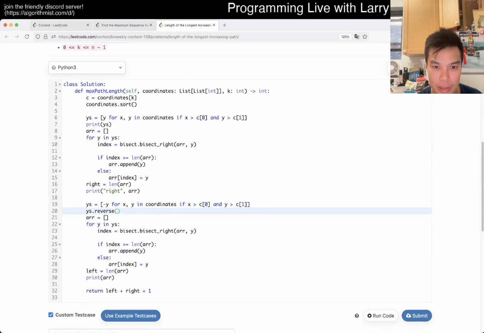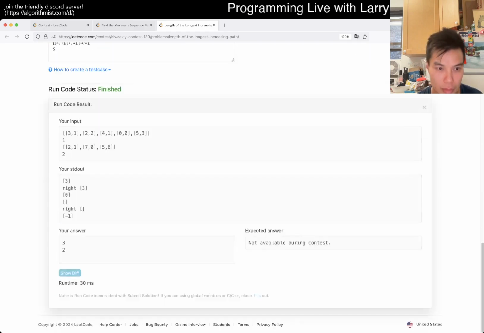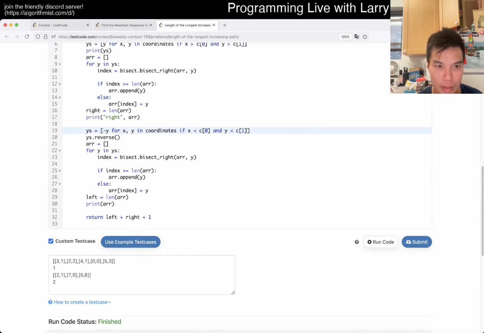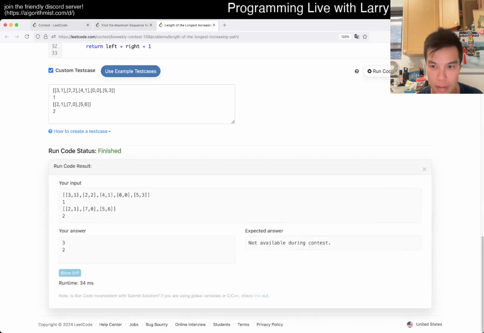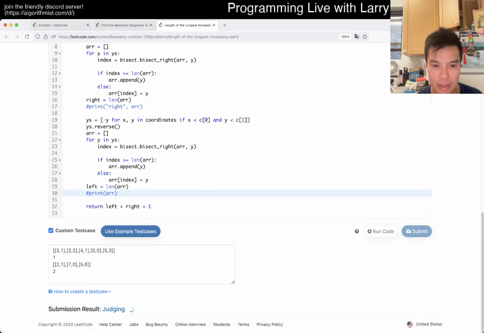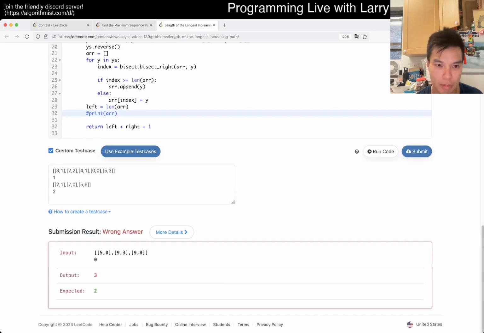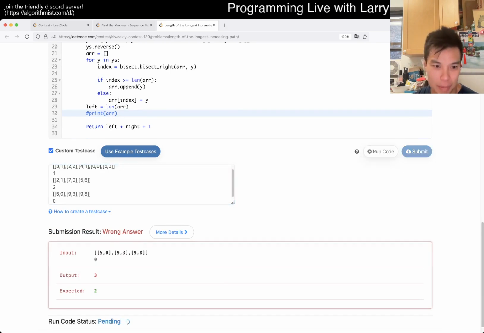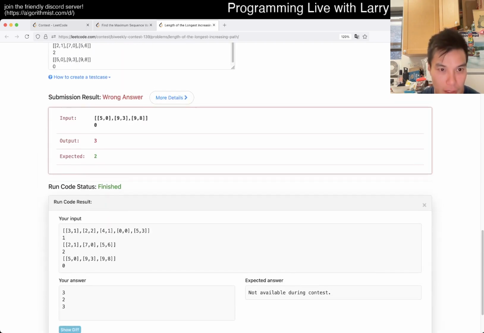Oh, wait, this would never make sense. 3, 2, alright. YOLO submit. Oh well. I wasn't super sure, but I'm also running out of time to solve both, so I'm just trying something quick.